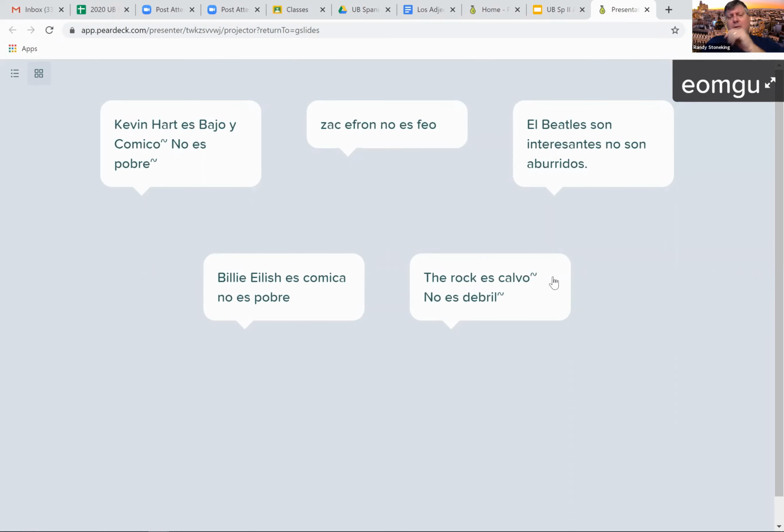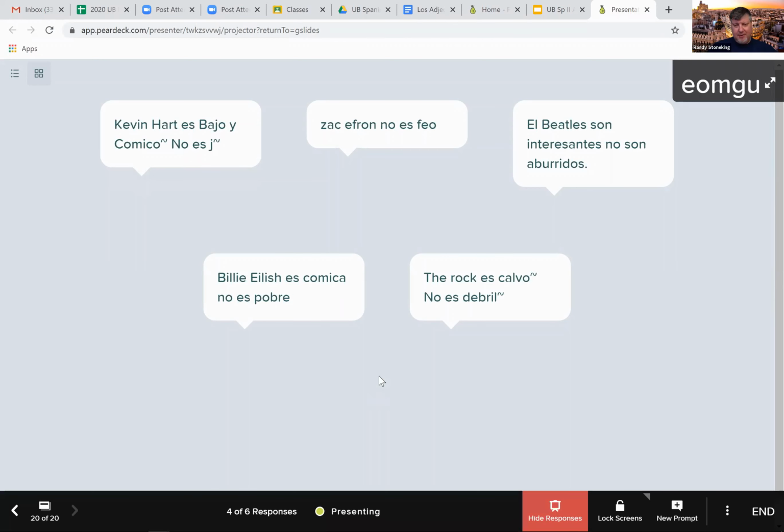Okay, I don't know about pobre for Kevin Hart and for Billie. Well, technically speaking, I guess because they're music stars, I would say they're probably not pobre. I don't know if I would give pobre as an opposite to cómica for Billie Eilish, but that does fit. Okay, let's finish this out. I'm going to lock you guys out here.